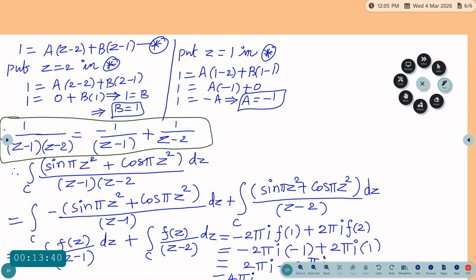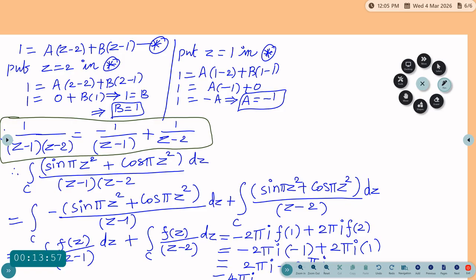It can be written as this term equal to integral over c minus 1 sin pi z square plus cos pi z square divided by z minus 1 dz plus integral over c sin pi z square plus cos pi z square divided by z minus 2 dz.